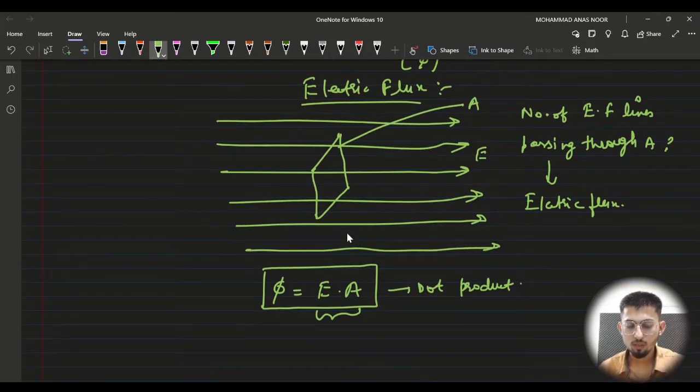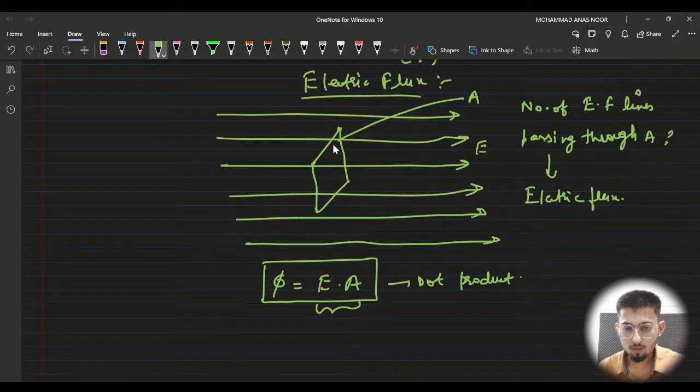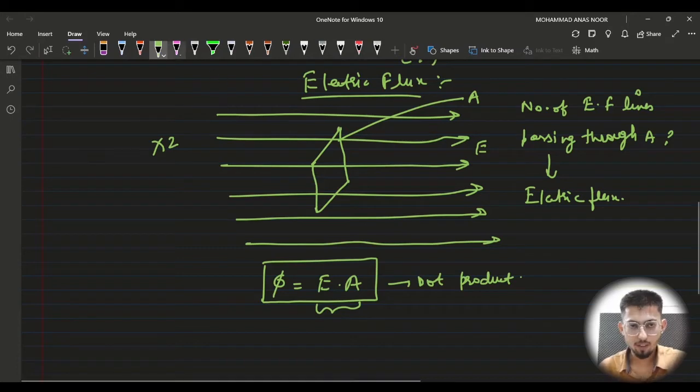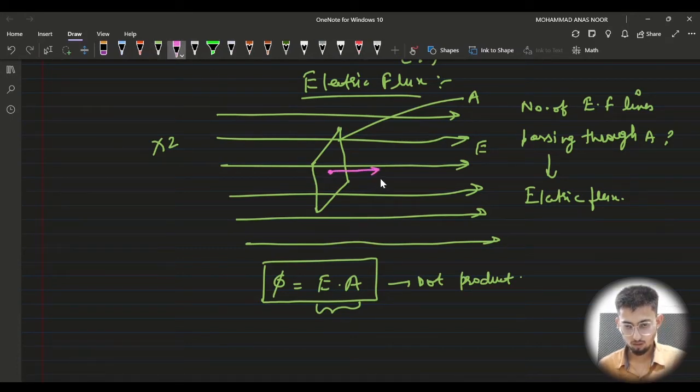Now this surface, this area, was the xz plane. Hence the normal unit vector to it was in the y direction, the n vector.